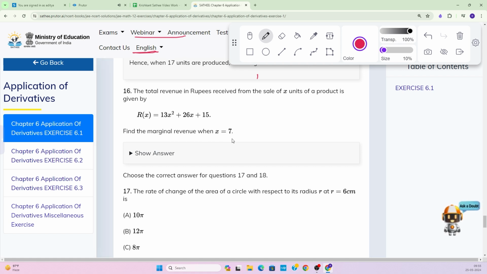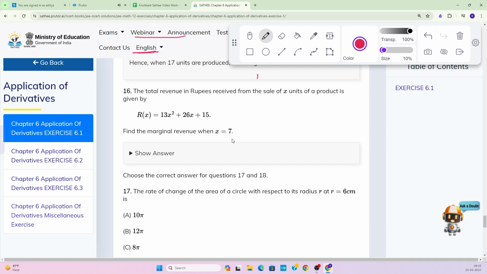As we all know, if you saw the theoretical part of this application of derivatives chapter in the NCERT books, it is already given that when you have to find the marginal cost, you have to find the rate with respect to the given variable, which is x, that is dC/dx, as we just saw in the previous question number 15.